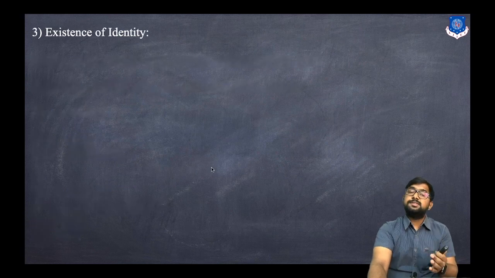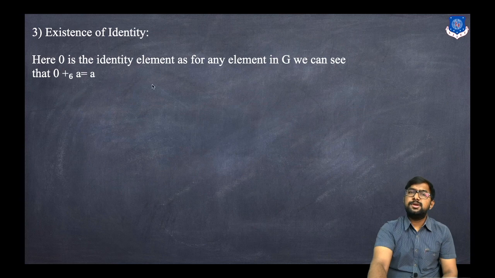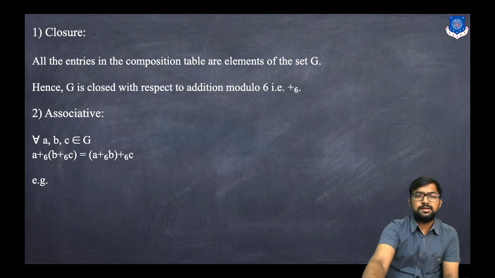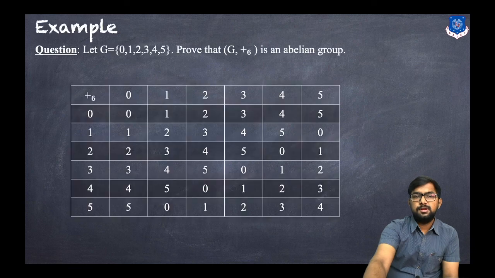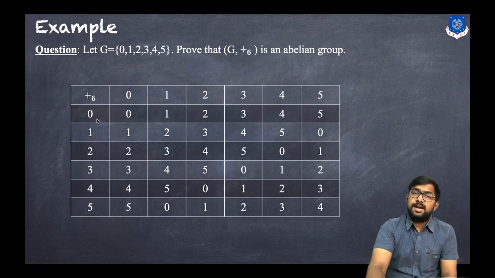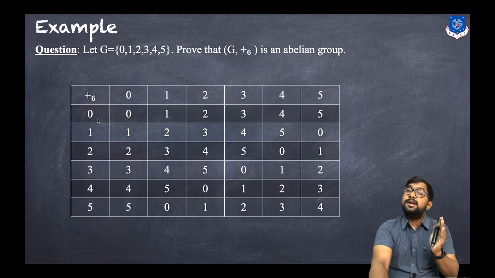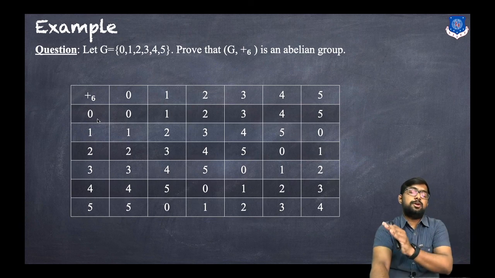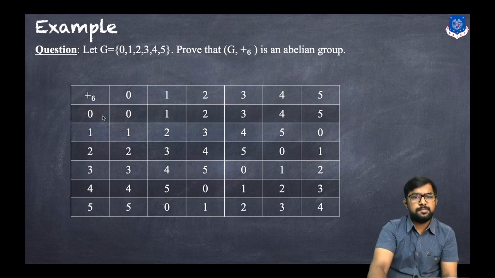Okay. Now existence of identity. So here 0 is the identity element, as for any element a in G, we can see that 0 +6 a equals a. As you can see from the table, it is the identity element, because the element itself plus 0 gives the same element. As you can see, it is 0.